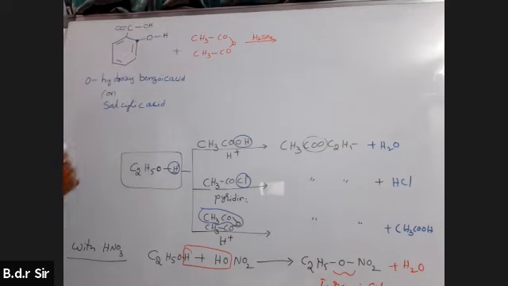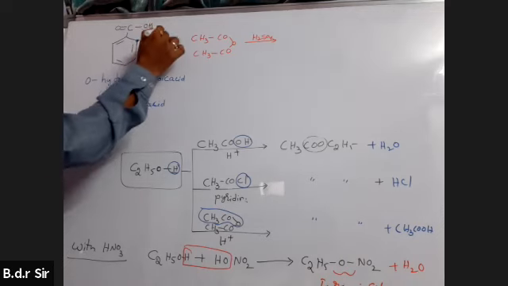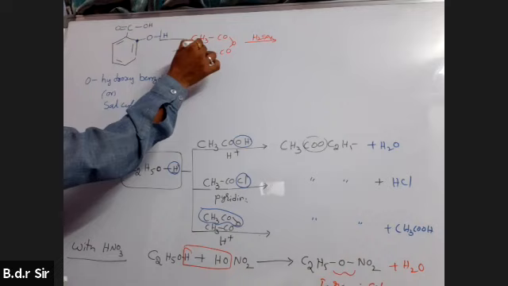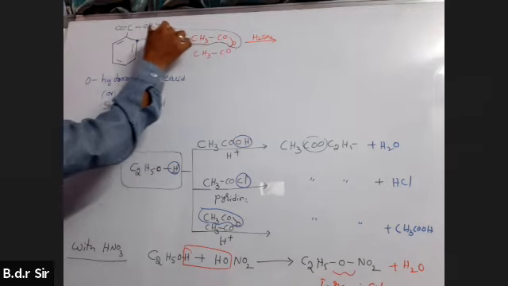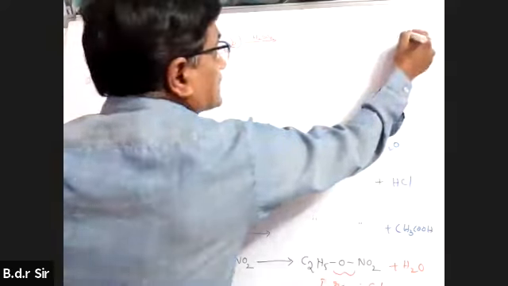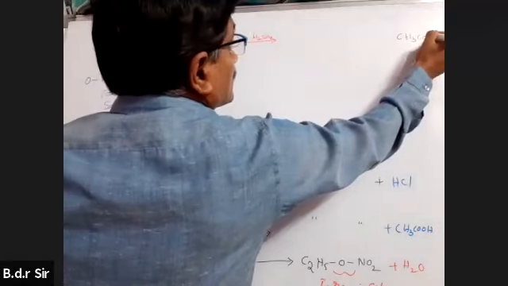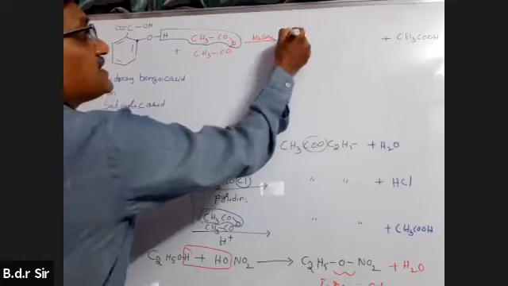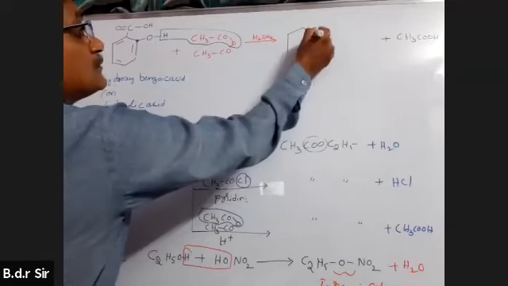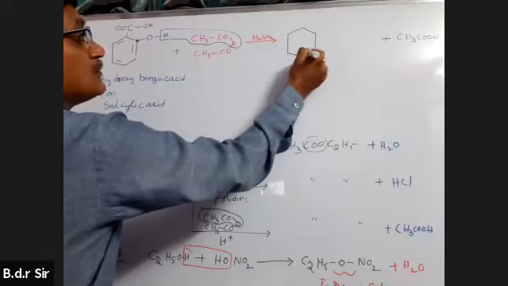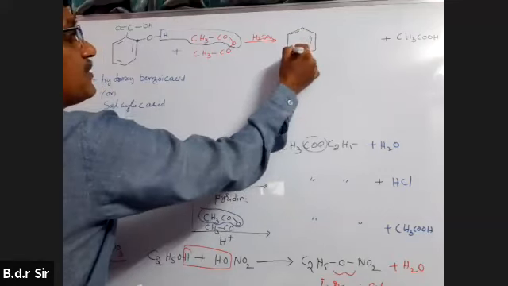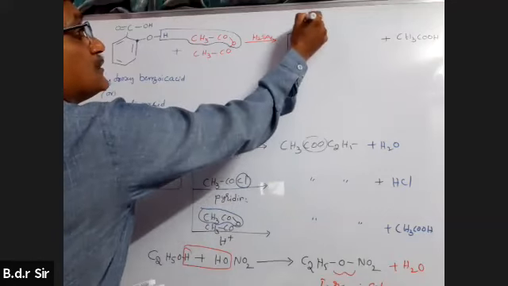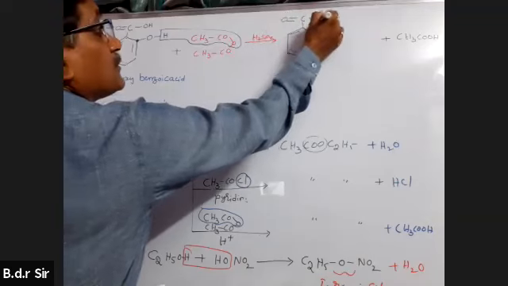Here hydrogen and CH3COO group converted into acetic acid. What is the remaining? Salicylic acid structure, alternate double bonds, COOH.